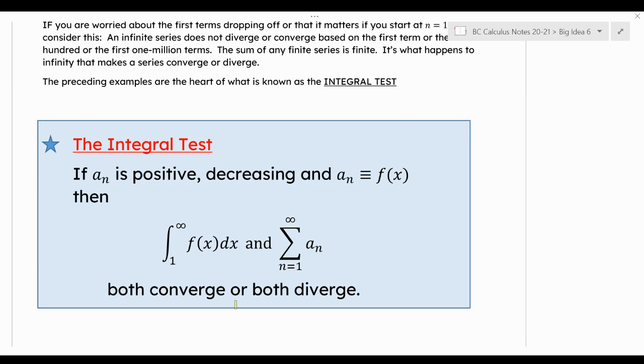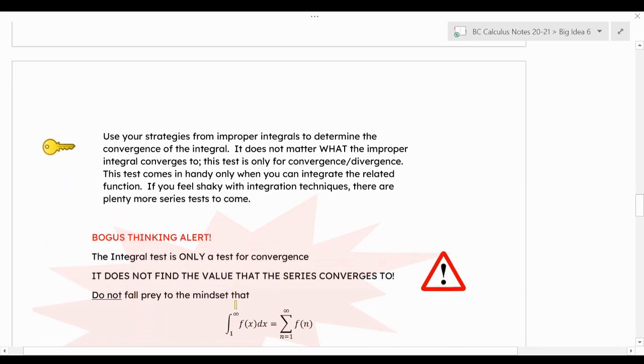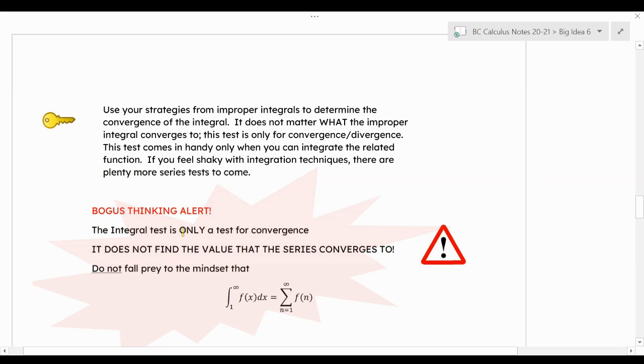Now, a little bit about that is that this test is only a test for convergence or divergence, right? It doesn't say that the value of the improper integral is the value of the infinite sum. That's not tying those two things together.